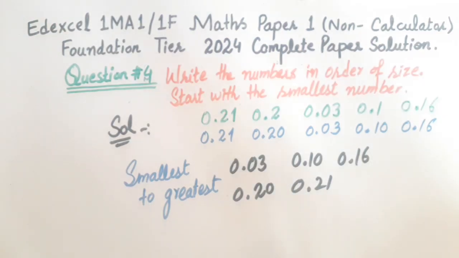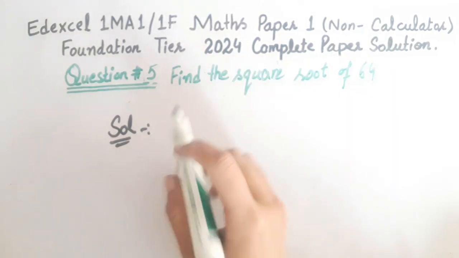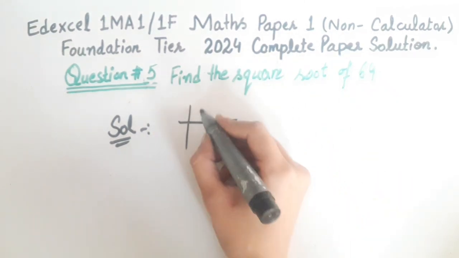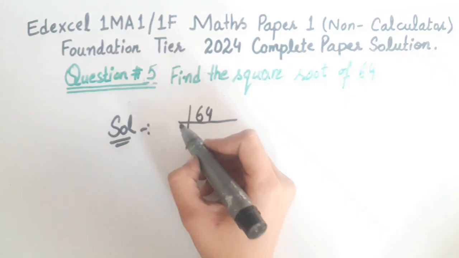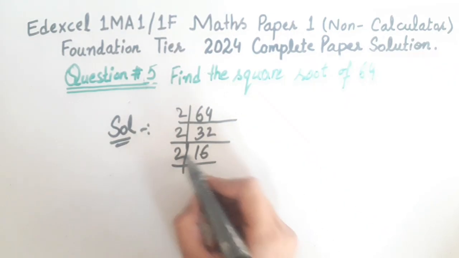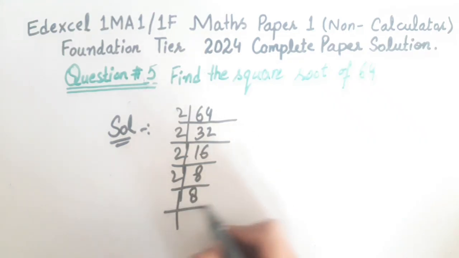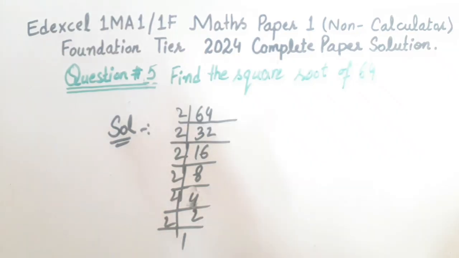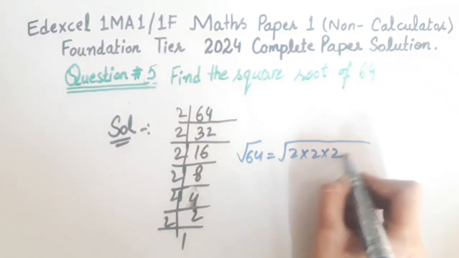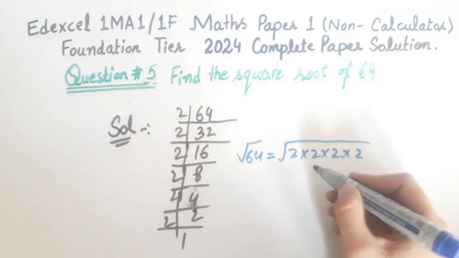So now we will solve question number 5. Find the square root of 64. So we will take the prime factors of 64. You can see that it is divided by 2. Then we write square root of 64 equals square root of 2 multiplied by 2 multiplied by 2, 6 times.